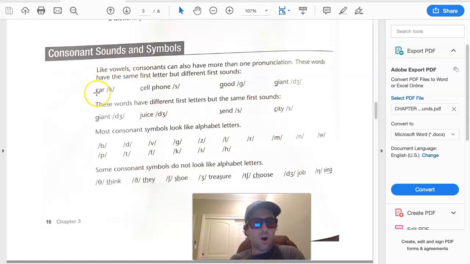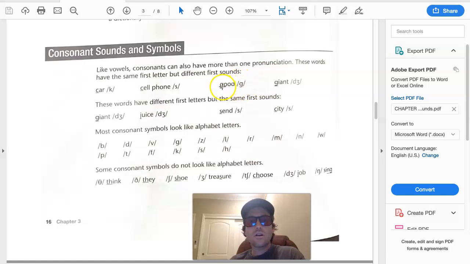For example, car has a K sound, but cell phone has an S sound. Same letter, which is a consonant. The consonant C has different sounds depending upon the word.